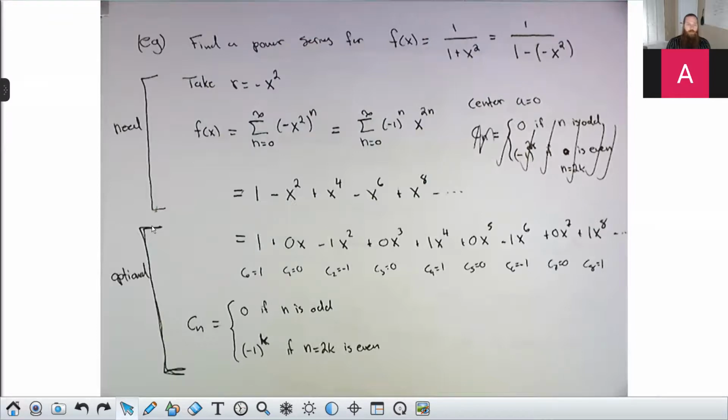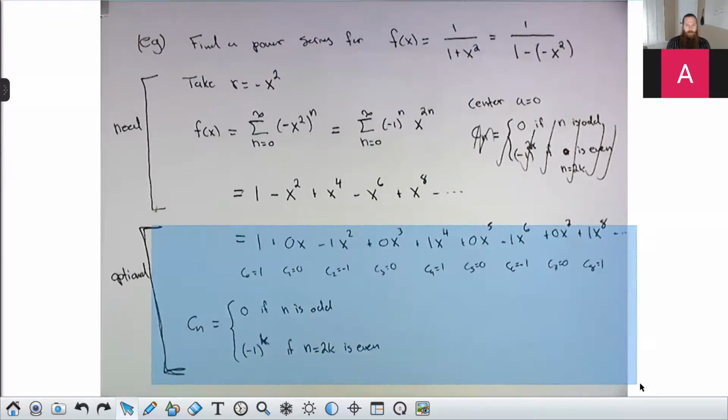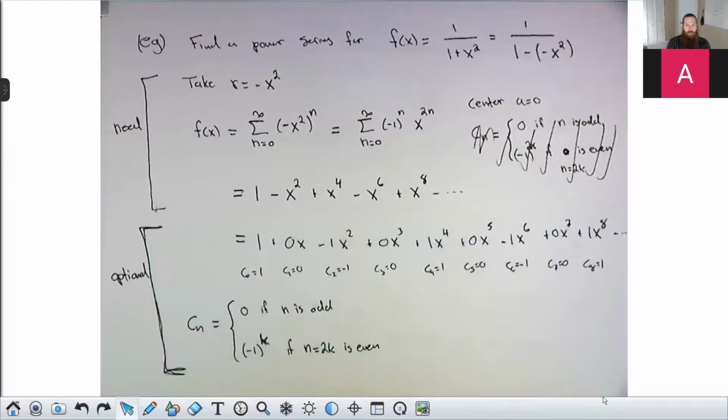Any questions or anything you guys would like to discuss under the optional bracket? Anything here that I could help clarify or make easier to understand? Okay.